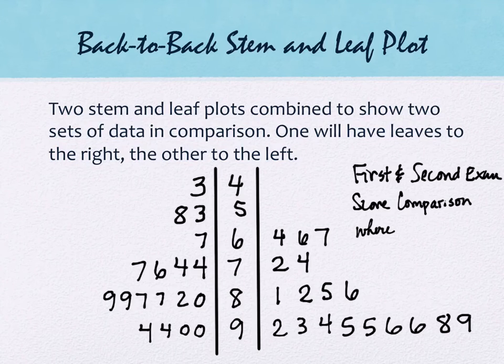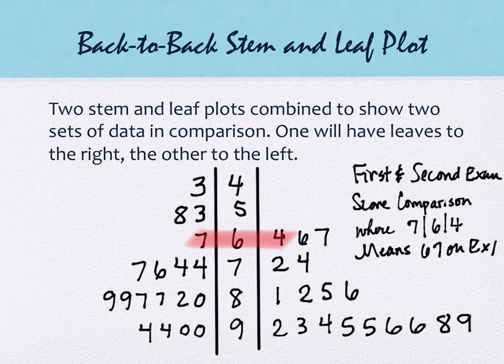And I'm going to use the top row, or I think I will use the middle row where I've got the 6, where 7-6-4. So I'm picking this up from right in here. Means a 67 on exam 1 and a 64 on exam 2.